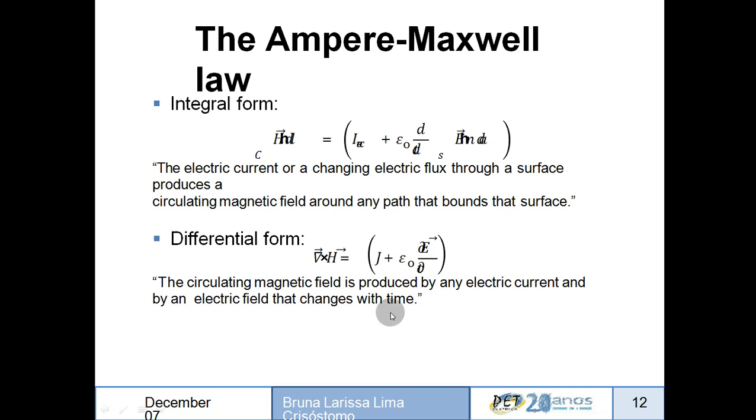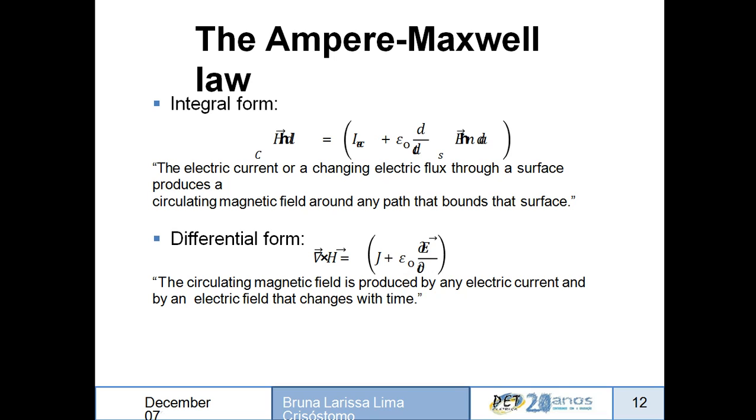So if we have a time varying field, then the curl of the magnetic field strength will be equal to the conduction current density plus the rate of change of the displacement vector, and the displacement vector can be written as epsilon 0 into E, where epsilon 0 is the dielectric constant of free space.